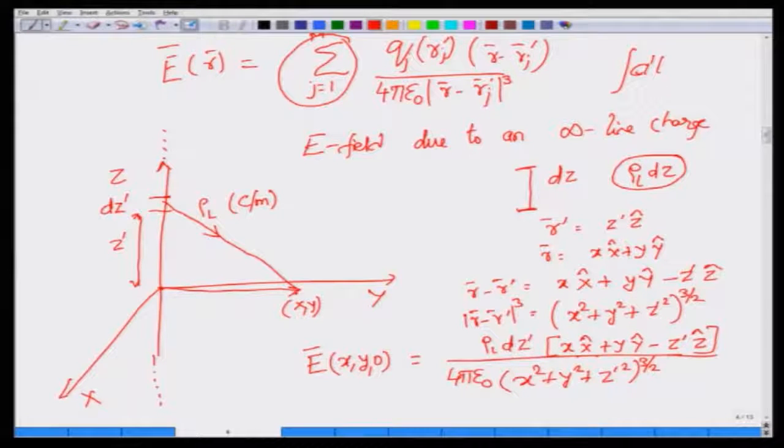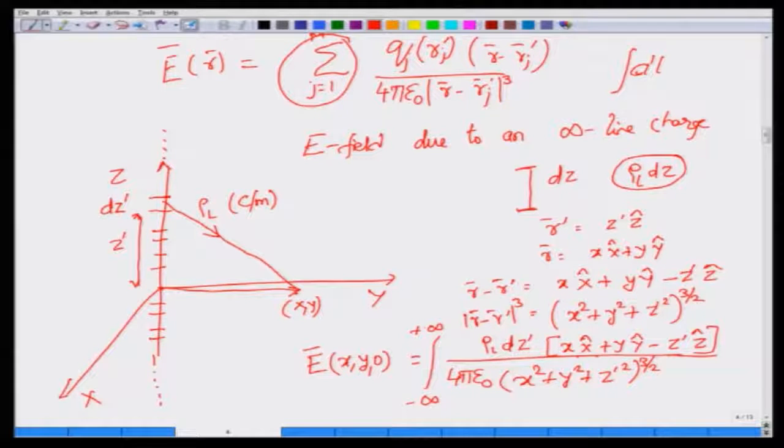This electric field is of course not the total electric field, because to get the total I have to consider contributions of every segment of the line charge, going all the way from minus infinity to plus infinity. In essence, I am going to integrate this whole thing from minus infinity to plus infinity.